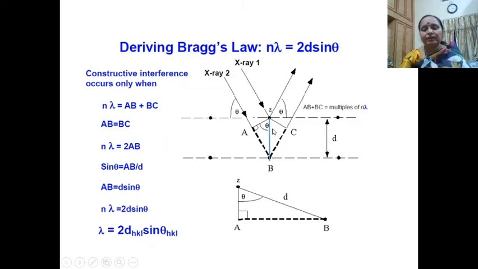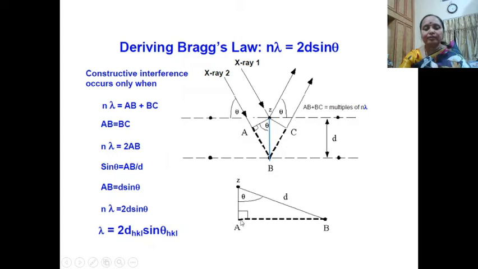If this is theta, then sine theta is the opposite side by the hypotenuse, so it is going to be AB by d. So AB will be equal to d sine theta, or n lambda is equal to 2d sine theta.